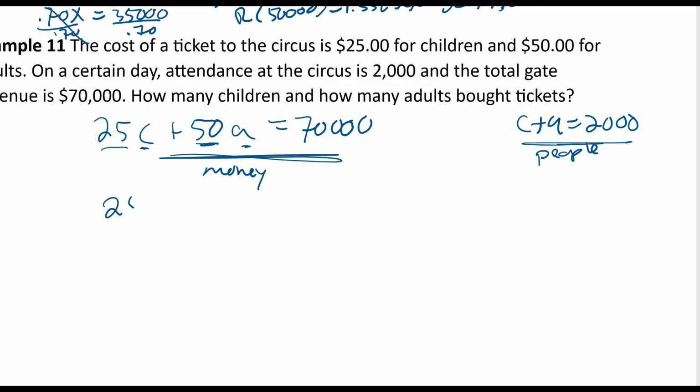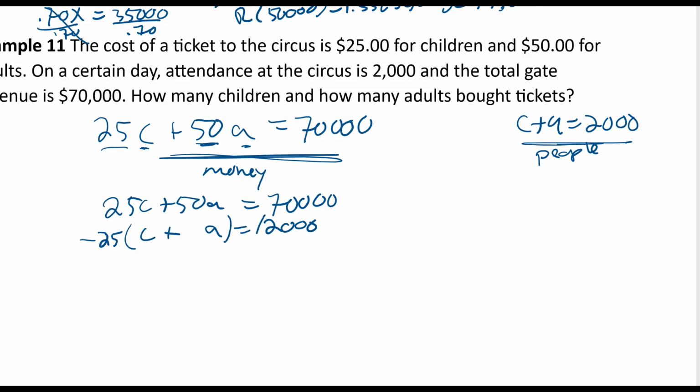So if we have this 25C plus 50A equals 70,000, and then we have our C plus A is 2,000. Pick one to get rid of. I think the easier, it really doesn't matter. But I'm just going to get rid of the C, so multiply by negative 25.